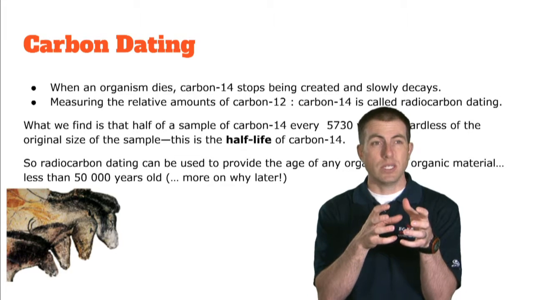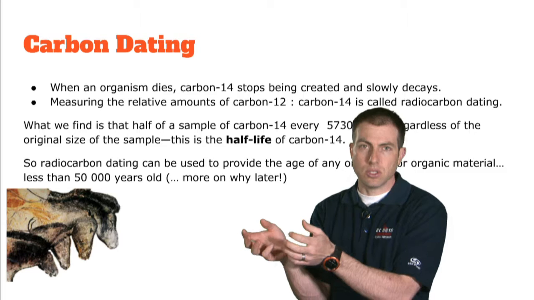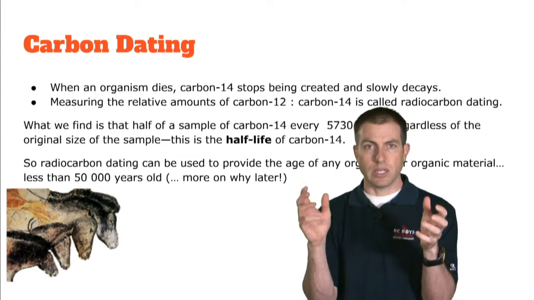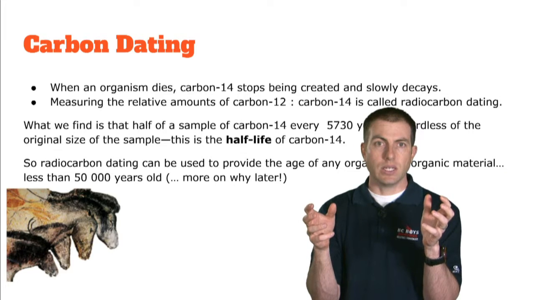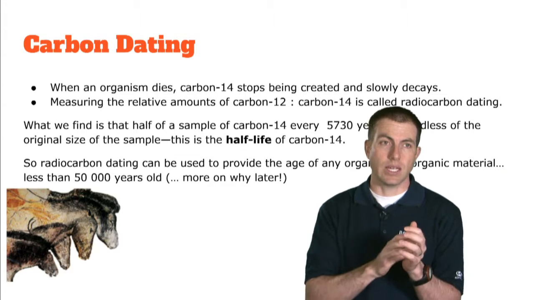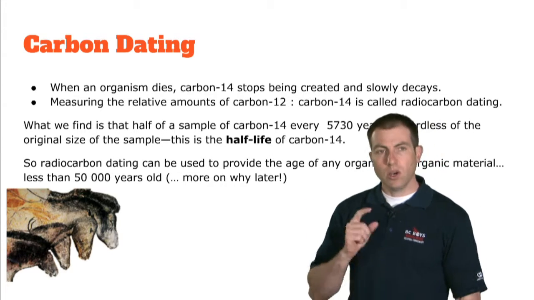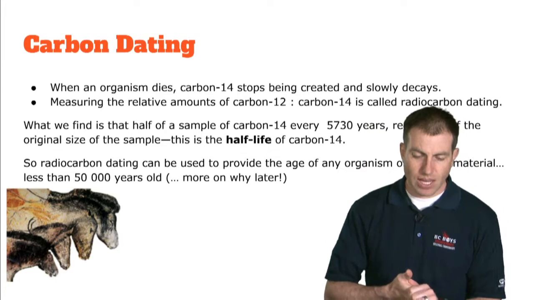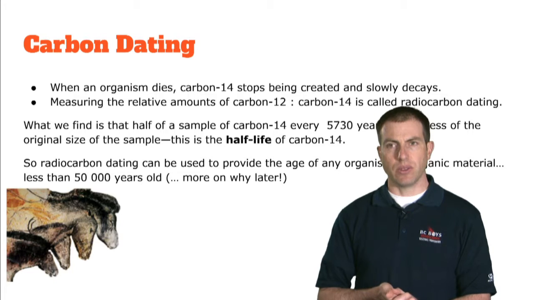And carbon-14 breaks down into nitrogen-14. So we can compare the amounts of carbon-14 and nitrogen-14, and we can get a good indication of exactly how old something is. We know very accurately that carbon-14 has a half-life of 5,730 years.